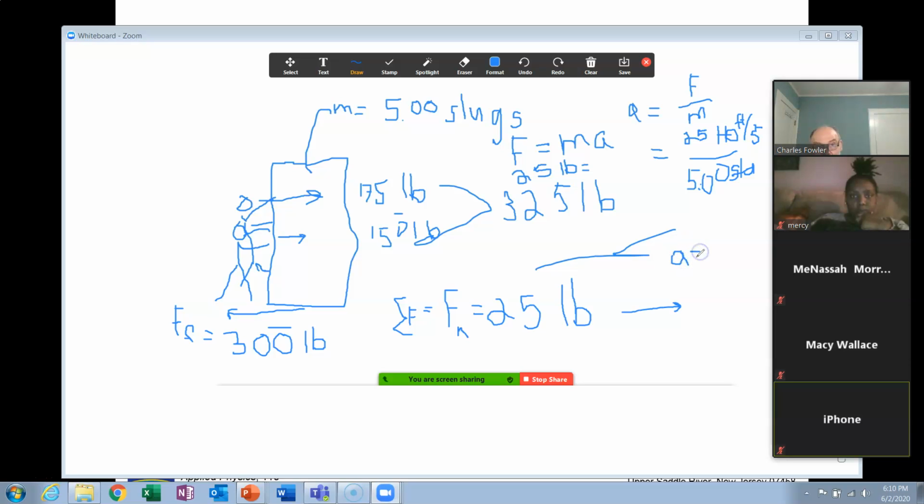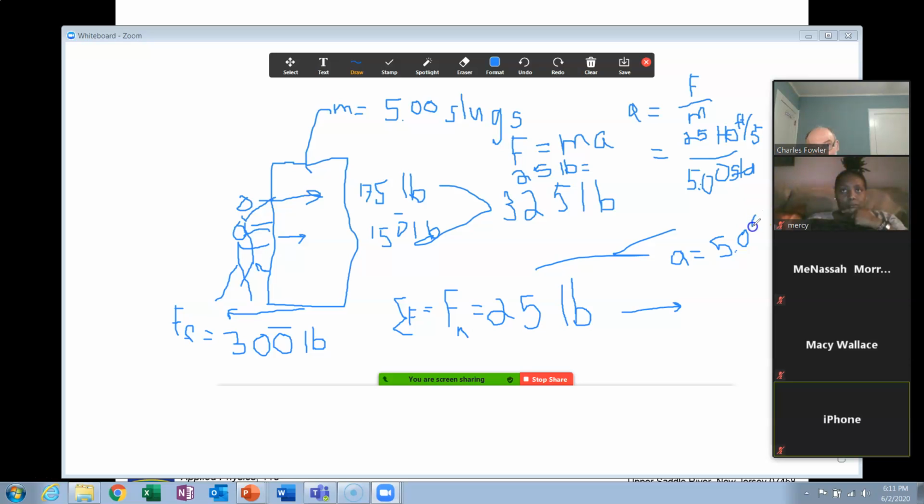Now here's where another trick comes into play. 5 will go into 25 5 times, but you have 2 significant digits here, 3 down here. You go with the fewest, which is 2. You've got a decimal here, so you put your decimal in place and just put 1 more, and this unit answer will be in feet per second squared.